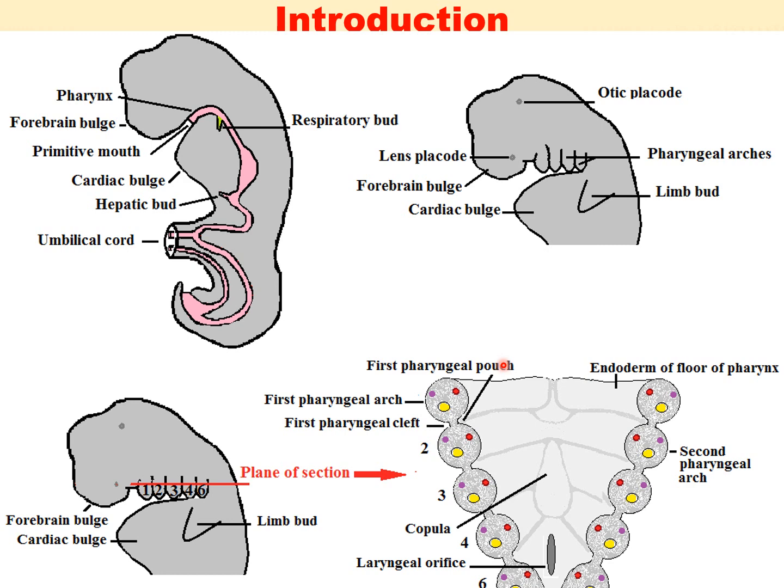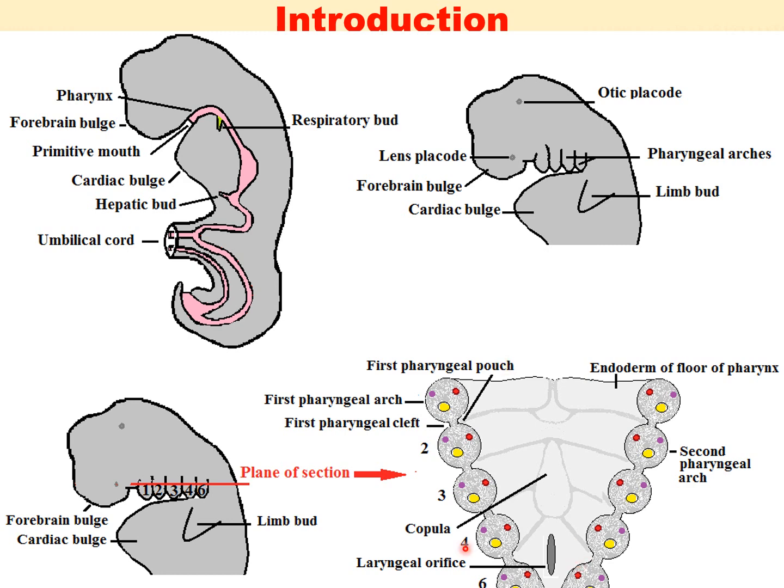Then the mesoderm on each side of the developing pharynx increases in thickness, forming 6 pharyngeal arches on each side, called pharyngeal arches, as we said. The arches are covered by ectoderm and lined by endoderm. They are separated from each other by ectodermal external grooves called pharyngeal clefts.